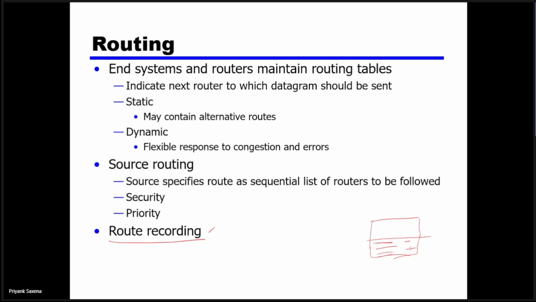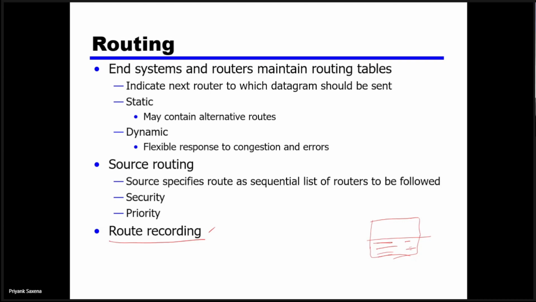But that was fixed routing, right? In a similar way, each end user and router maintains a routing table, which guides them as to which particular node they should forward it to. So what will be the next node value?